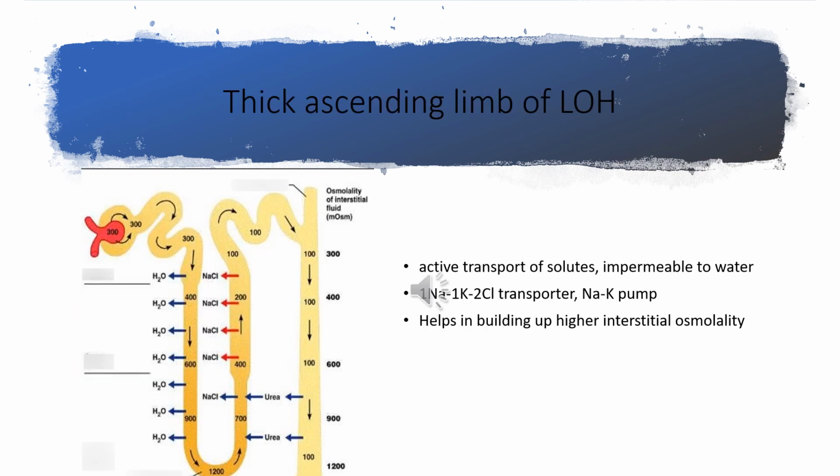The tubular fluid now reaches the thick ascending limb of loop of Henle. We know that thick ascending limb is impermeable to water but permeable to solutes. Okay, so here the active transport of solutes happens. See, the sodium ions and chloride ions will be actively transported from this segment into the interstitium.